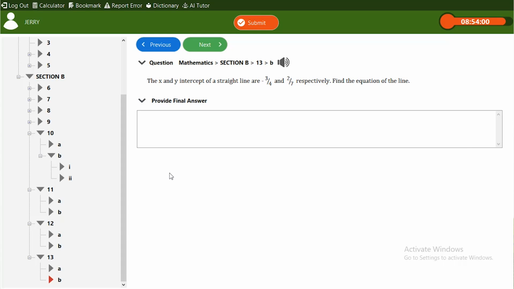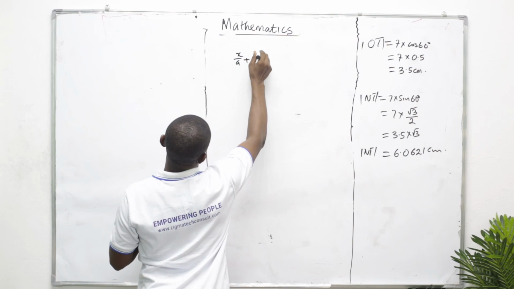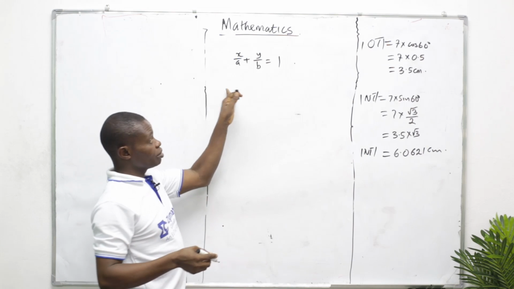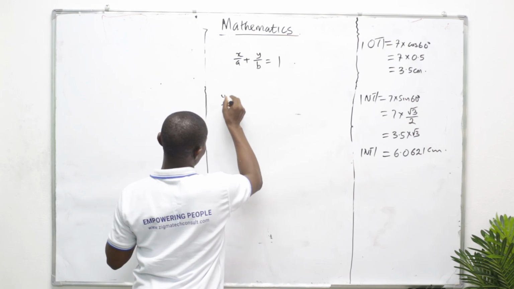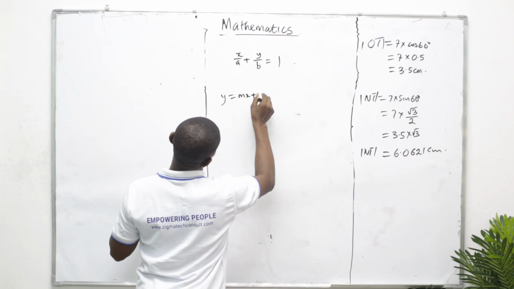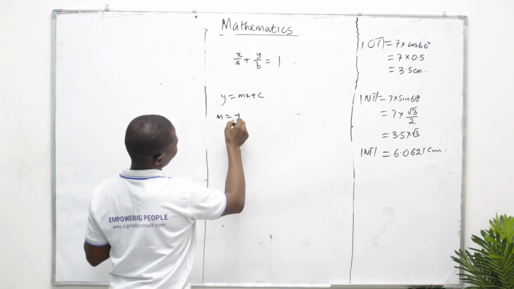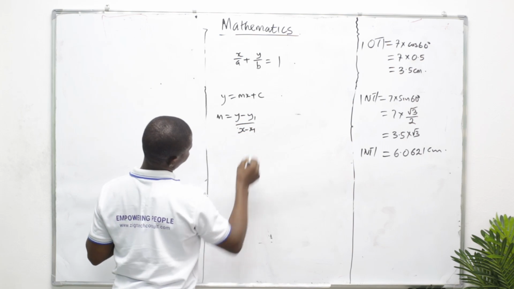Equation of line. Recall that equation of a line, you have x all over a plus y over b to be equal to 1. This is one formula. And you also know that y equals mx plus c, where m equals y minus y1 all over x minus x1.